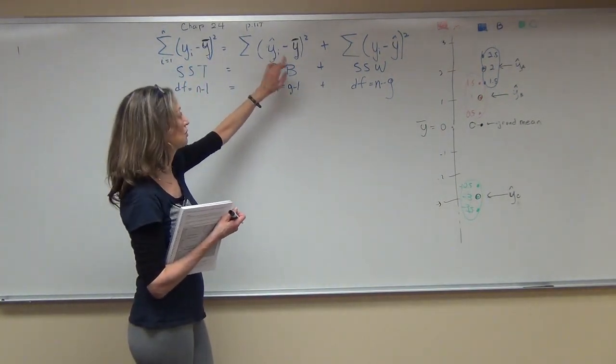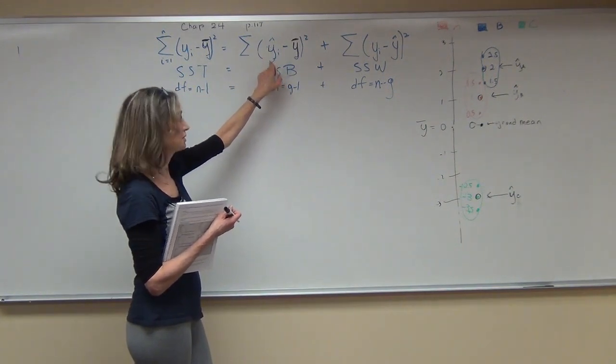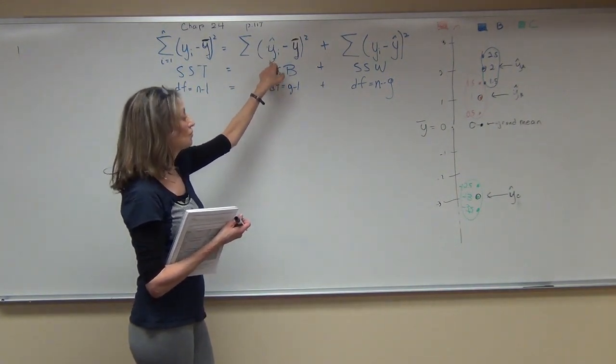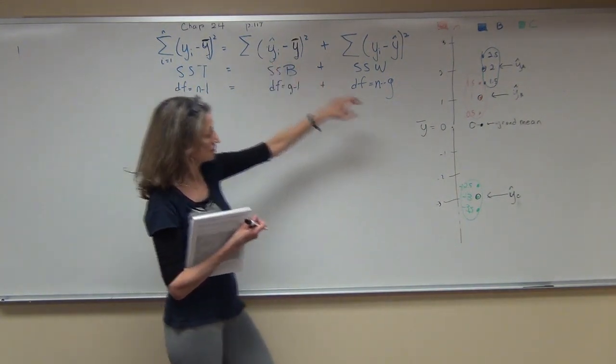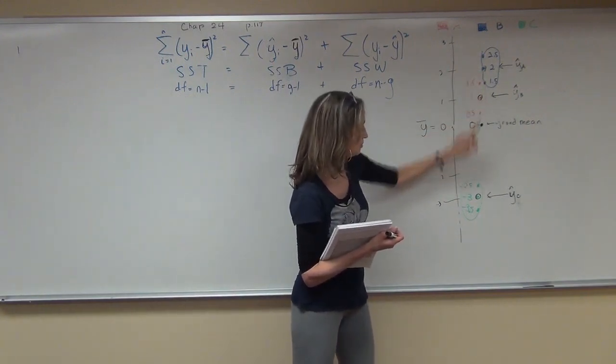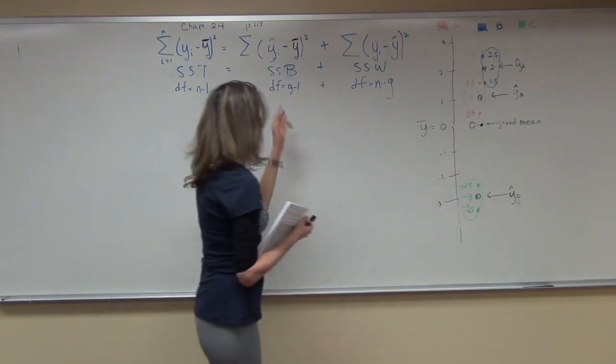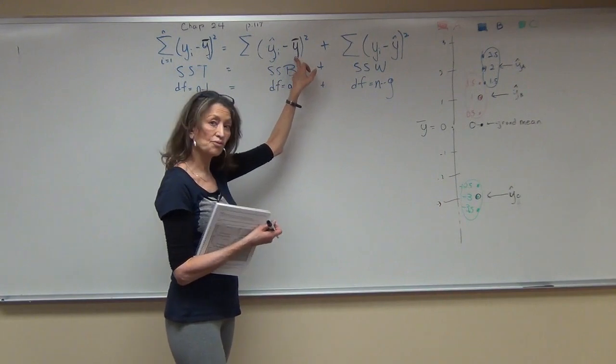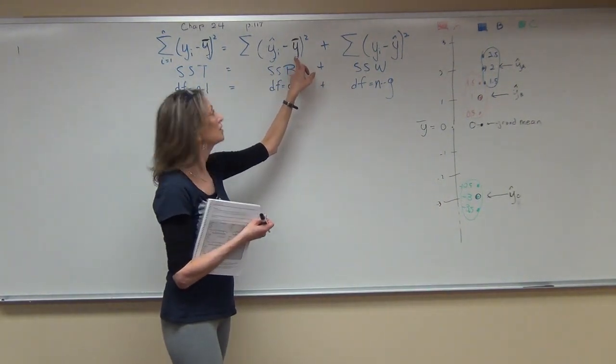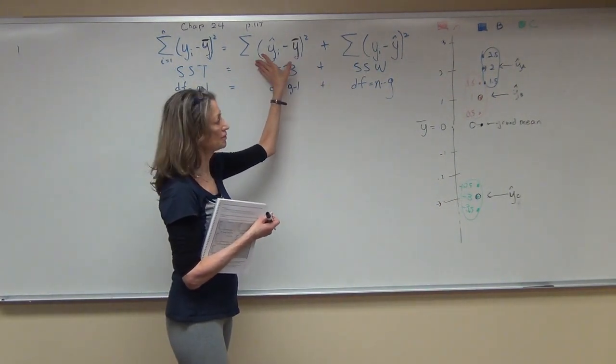This is equal to what our predictions, which is the group means, 2, 1, and -3, each subtracted from the overall mean.